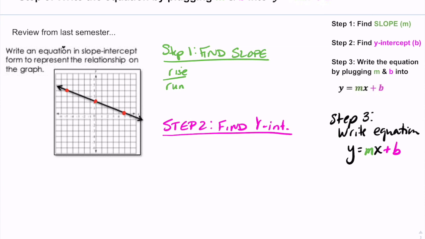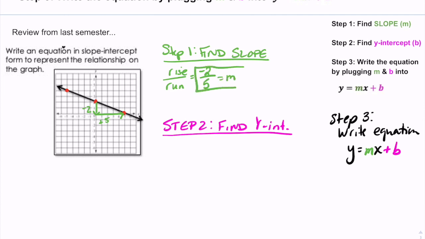So here, maybe I start at this point and I'm going to have to go down, and then I'm going to travel to the right. Going down, I went down 2 units, that is -2, and I went to the right 5 units, which is a +5. So when I write my slope as rise over run, my rise was -2 over +5.